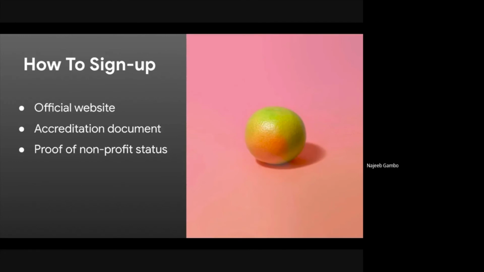Then you have to prove that your school has a non-profit status. This non-profit status can be provided by the state government or local government. Then you need to provide contact details, phone number, and email address of the person signing up on behalf of your school. So these are the four things you need to sign up.